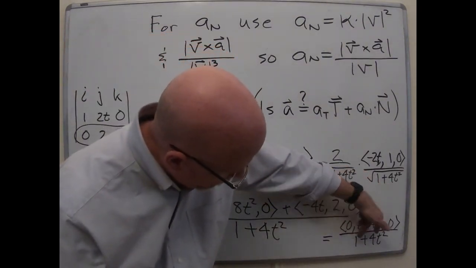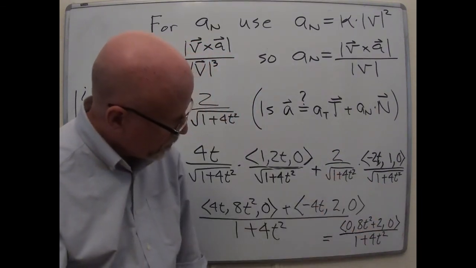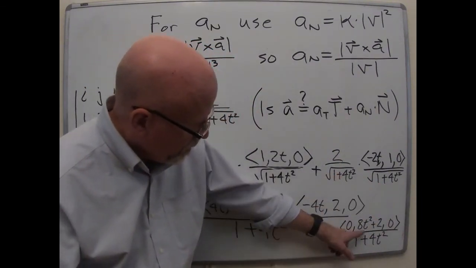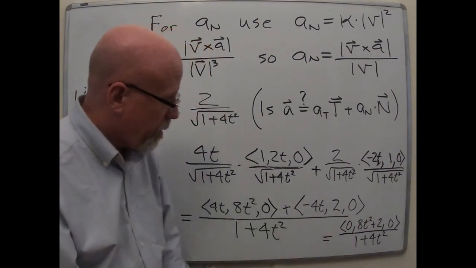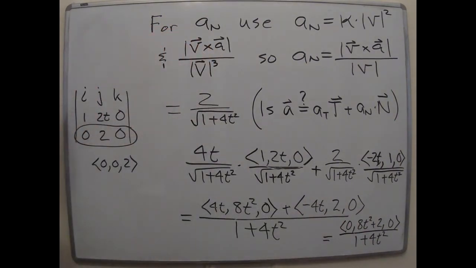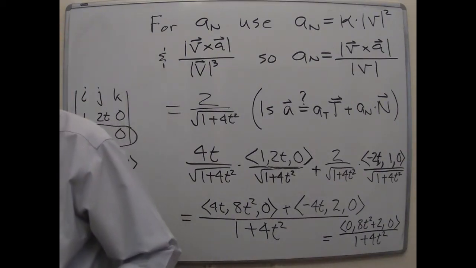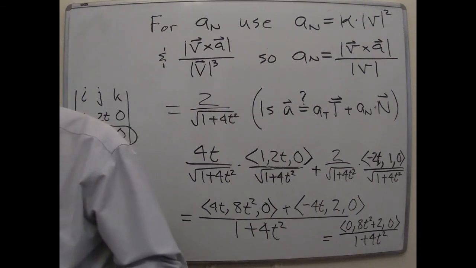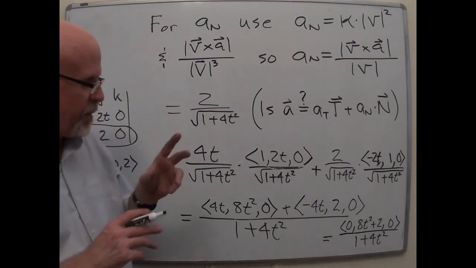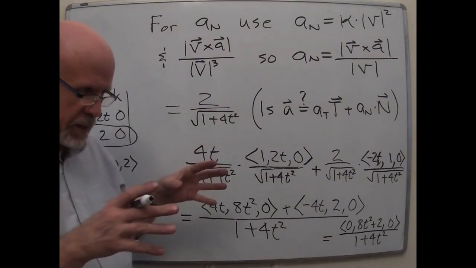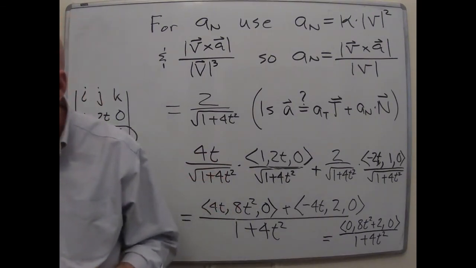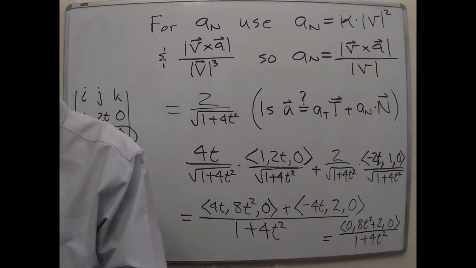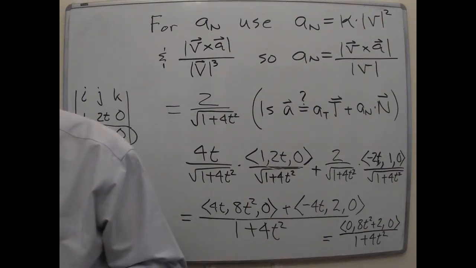If I had written this 1 plus 4t squared in the other order, you might see the cancellation better. But the y component of that vector in the top is the double of the number we're dividing by. So yeah, it did all work out. I'm a fan of calculating things in multiple ways, and then you have multiple ways to cross-check yourself. Having that thing actually come out to what it was supposed to be, the actual acceleration, is great.